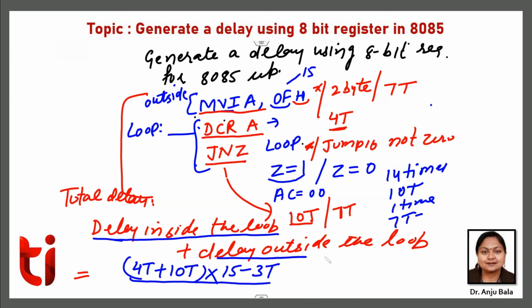Then how can we find the delay outside the loop? That is equivalent to 7 T states. So we calculate it numerically: it would be 15 times 14, which is 210 T states, minus 3 T, plus 7, and it would be 214 T states.